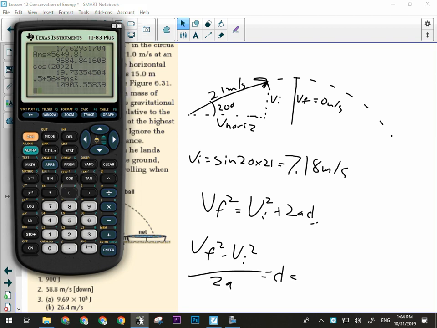So I'm going to go 56 times 9.81 times 15, plus 0.5 times 56 times 21 squared. And then I'm going to subtract. Okay, we get the same answer.